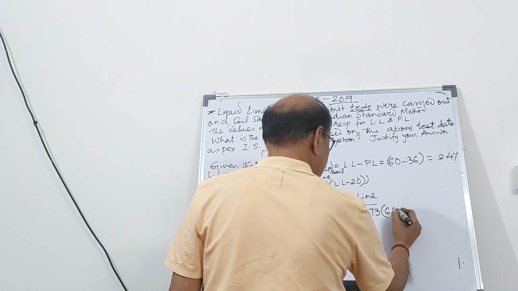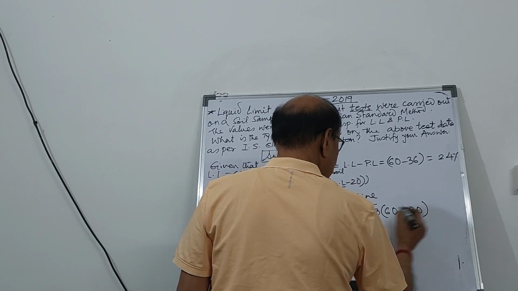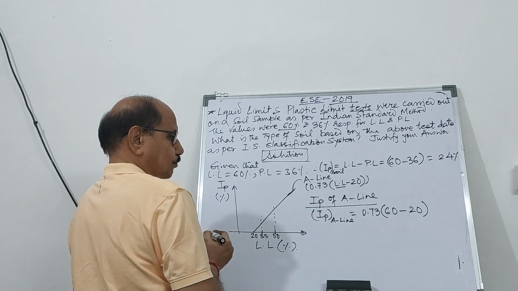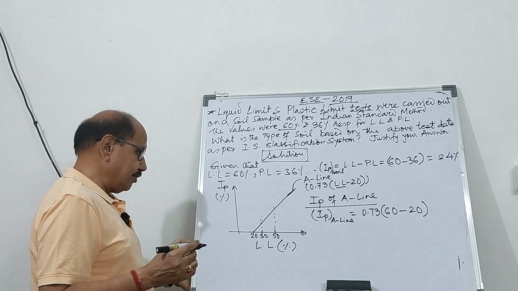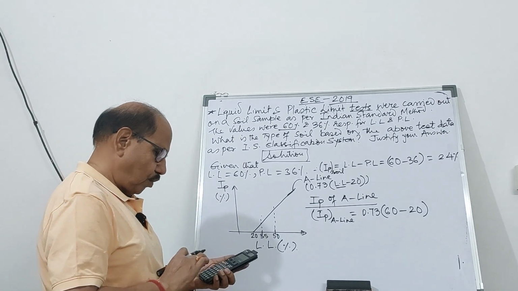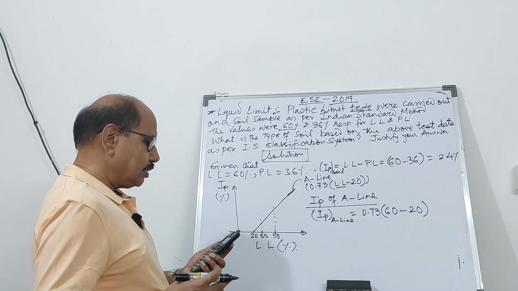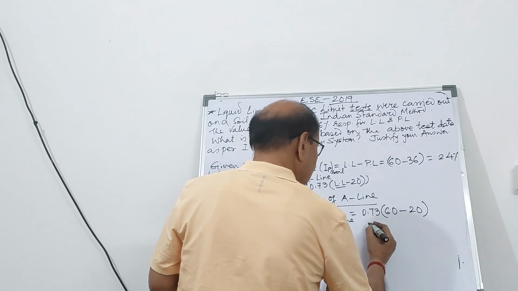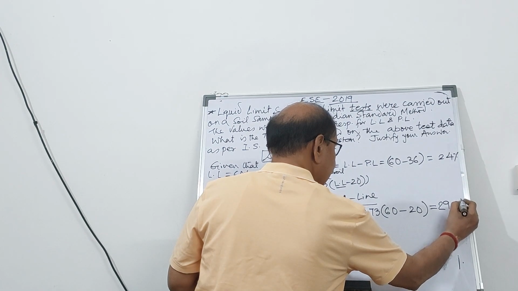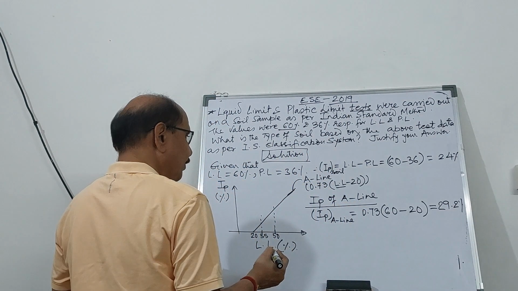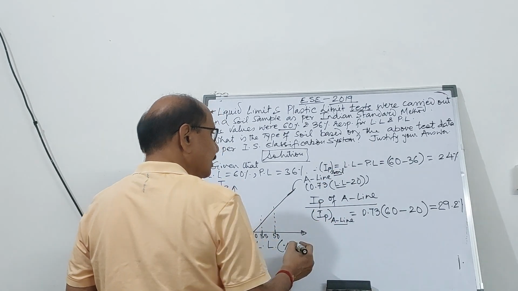So substitute LL equal to 60 minus 20, because this is 20. So it becomes 40 into 0.73, which is 29.2. So this comes out to be 29.2%. So IP of the A line, now you compare IP of soil and IP of the A line.